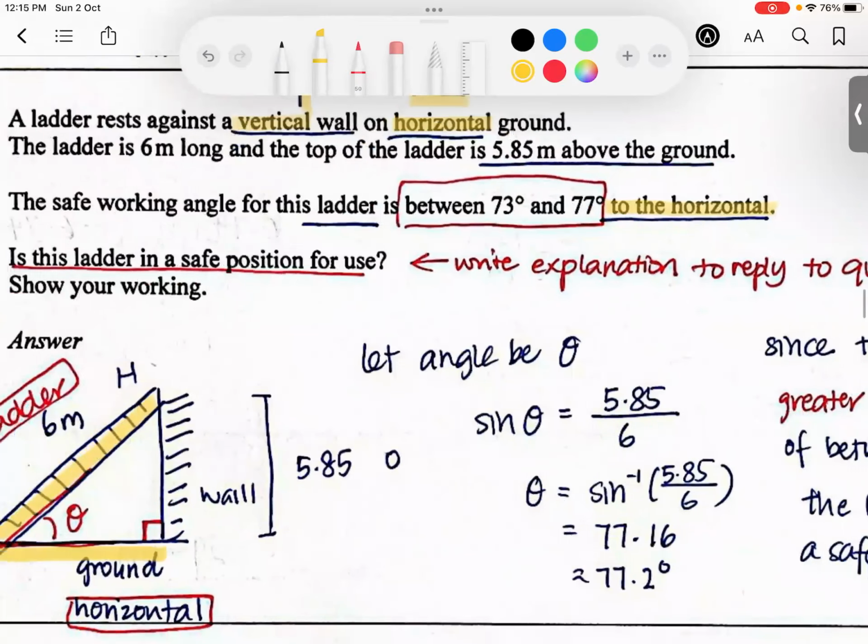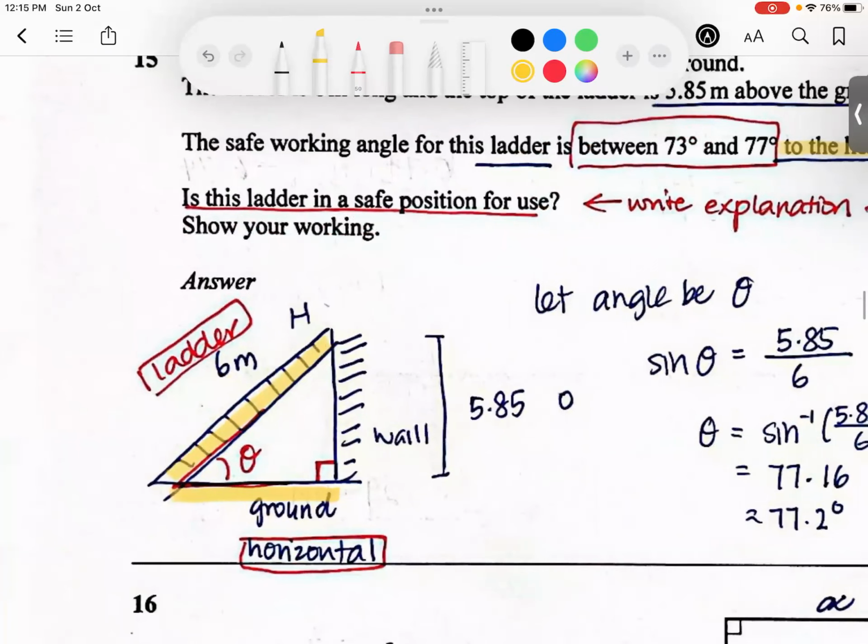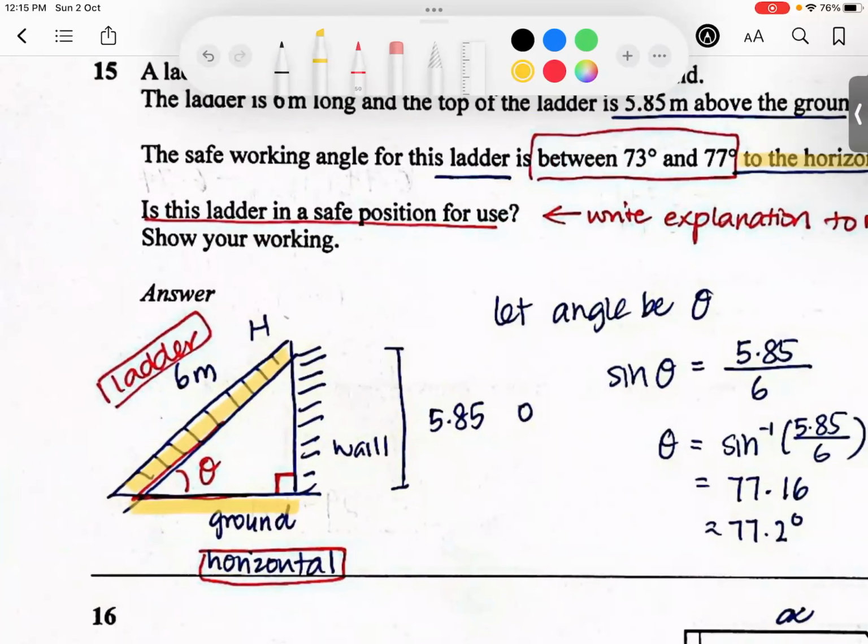So they want the angle between the ladder and the horizontal ground, not the vertical wall. So the angle that they actually want is this angle over here. Even if you know how to use trigonometry or sine rule, if you find the wrong angle and don't understand the question, then bye-bye.